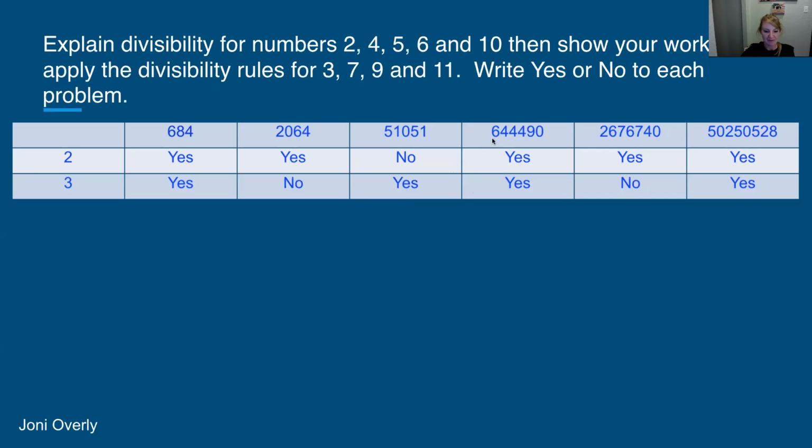Next, the 6 plus 4 plus 4 plus 4 plus 9 plus 0 is going to be divisible by 3.